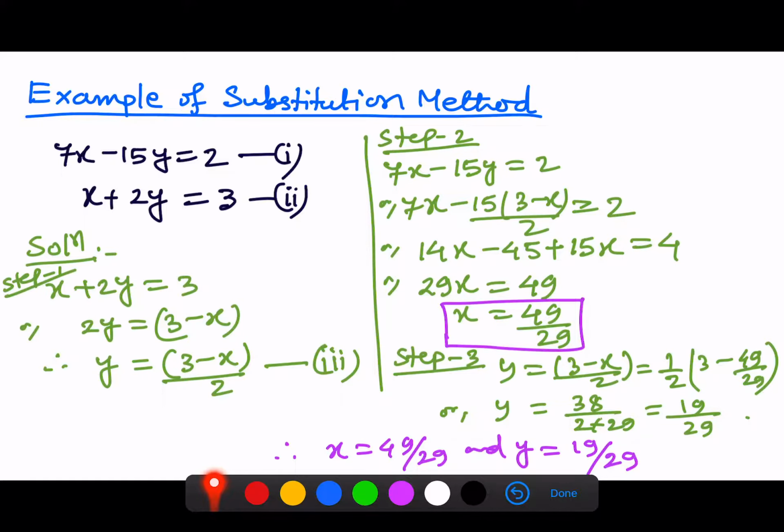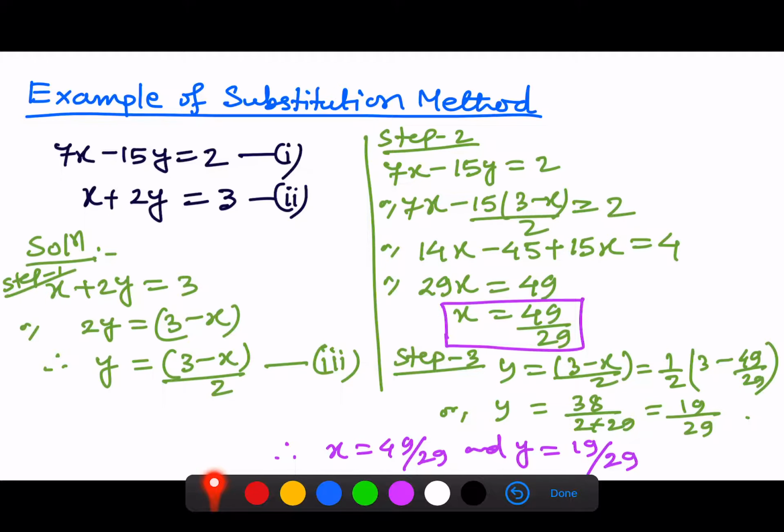Now step 3, we have y equals (3 minus x) by 2 in expression 3. We substitute the value of x here, and we get y equals 19 by 29.